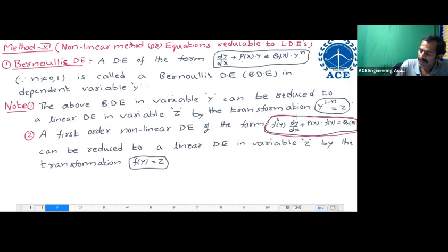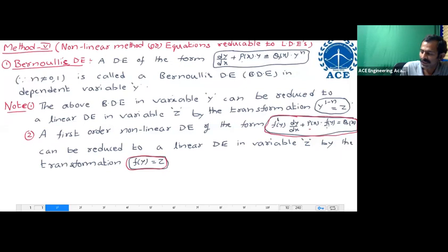This is another type of non-linear, and for this the transformation is f of y equal to z. According to a linear differential equation, on the right hand side we should have only a function of x. Here also on the right hand side we have only a function of x, that is q of x. Before the equal sign we should have a function of x, that is p of x, into some variable with power 1.